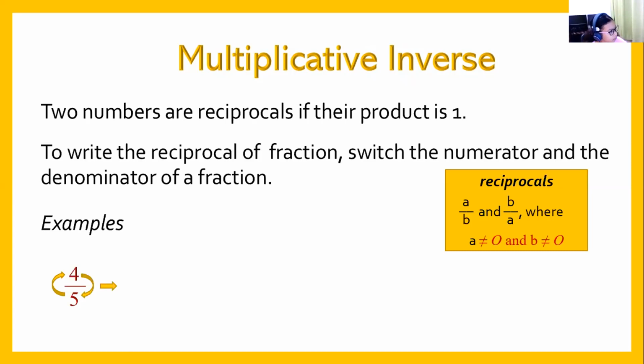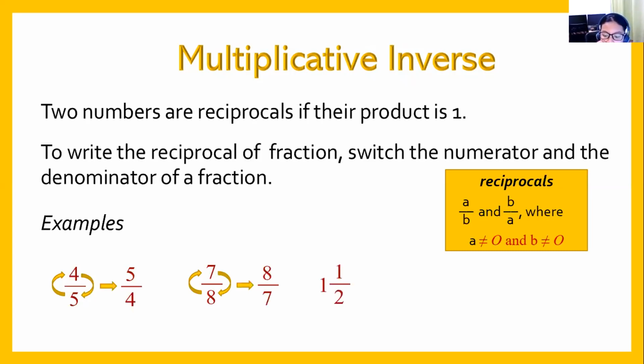So this will be 5 over 4. Very good. Okay, now, if you have 7 over 8, what would be the reciprocal? 8 over 7. Yes, you're going to switch and it will yield 8 over 7 as the reciprocal.